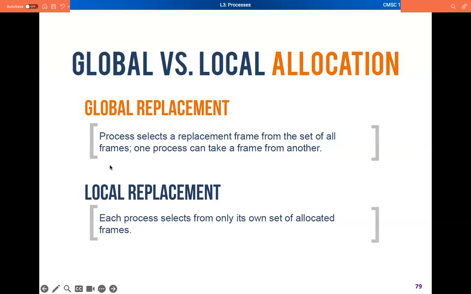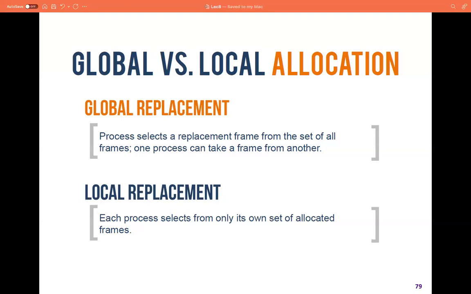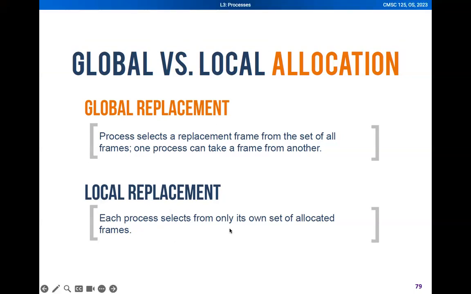But with a local replacement, the process will select only from its own set of allocated frames. So it does not steal frames that were allocated for another process. So it only looks for a frame that is allocated for itself. Okay.